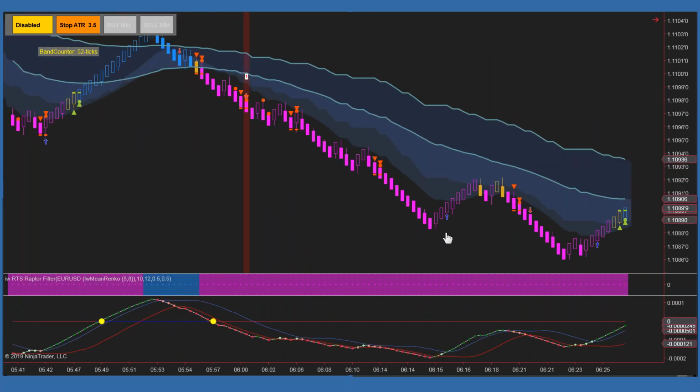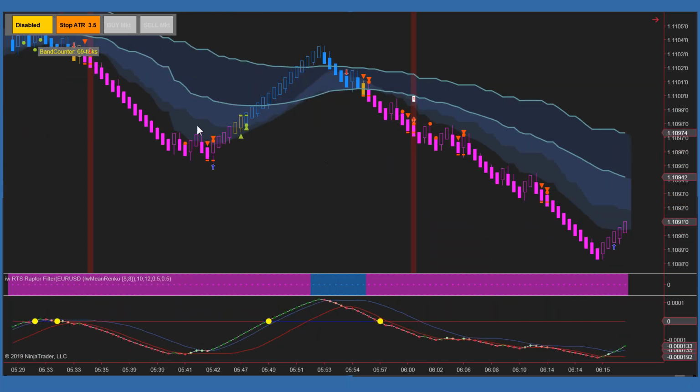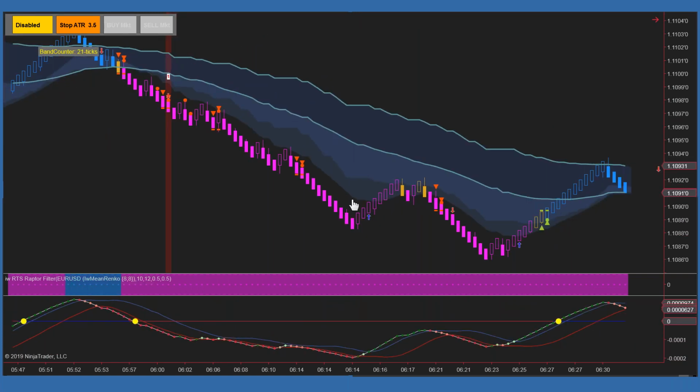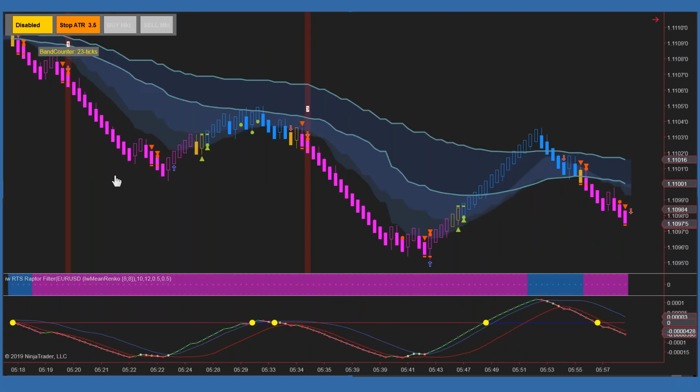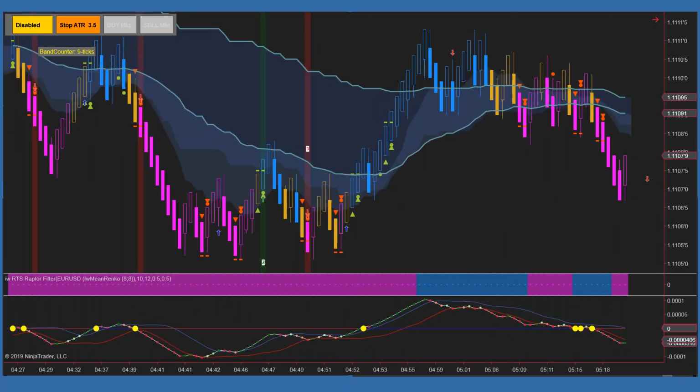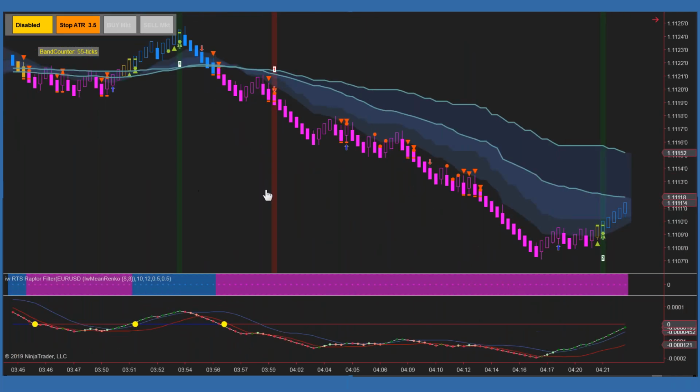So here's the Euro US dollar pair. And again, these are just the default settings. And I'm getting signals, really good follow through. Oh, here I should go back to the native time zone. So let me roll back a bit around the London Open.